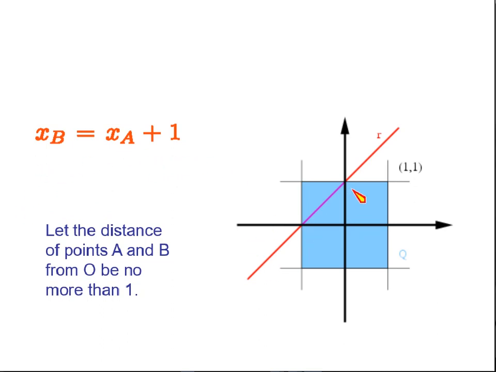This becomes a very simple right line in our plane. This is an artificial plane, and this line means all the positions of the 2 runners respecting this constraint. Another constraint might be this blue one: let the distance of points A and B from O be no more than 1. And this is constrained to be inside this blue square.